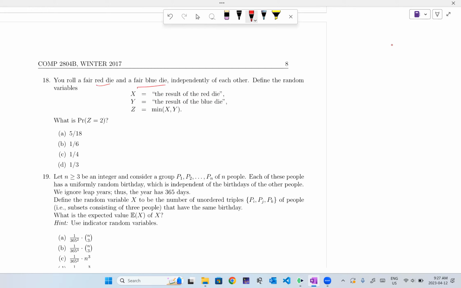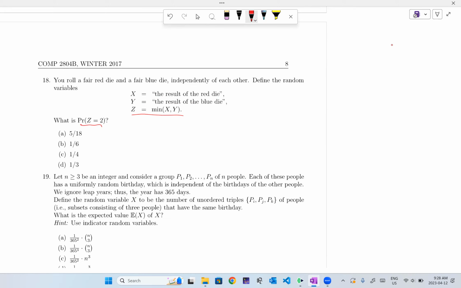That's a big table. So we just want the probability that Z is equal to 2. That means the minimum on my dice roll is 2. So that means either X is 2 or Y is 2, or they're both 2. And if X is 2, then Y is maybe greater than 2.